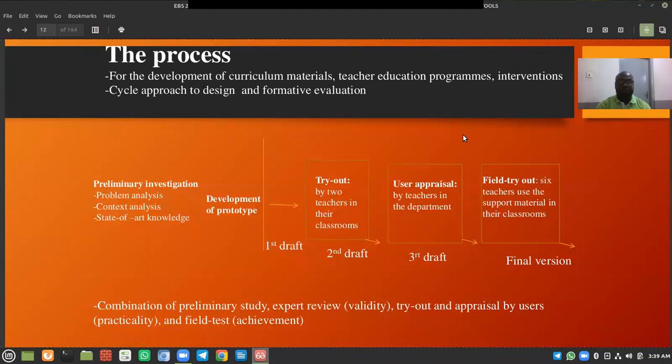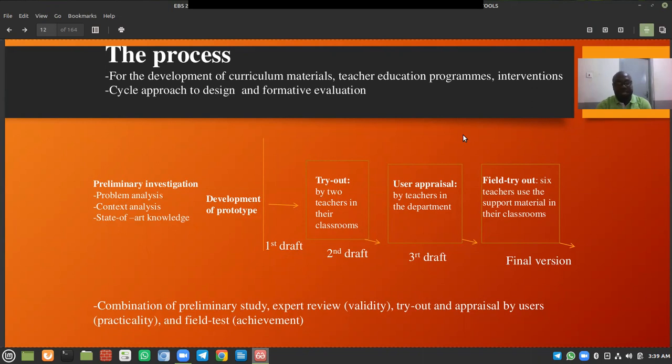The process involves, for us as tutors or instructional designers, the need to, in the course of development of curriculum materials, teacher education programs, interventions, etc., follow what I term the cycle approach to design and formative evaluation.